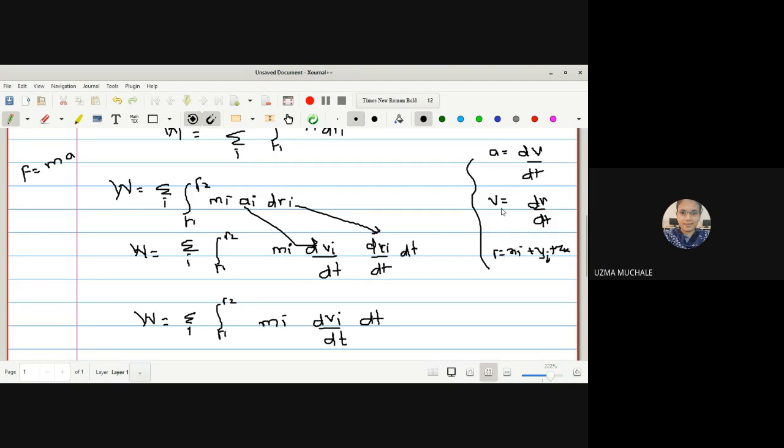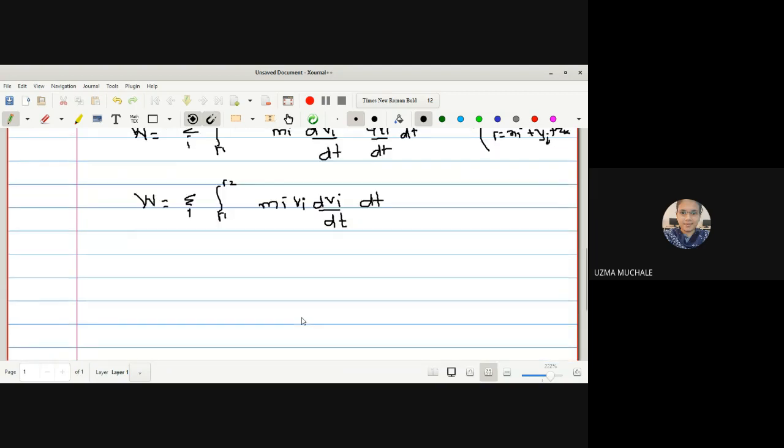This is our position vector. Rate of change of position vector is velocity. Rate of change of velocity is acceleration. So this dri by dt, I can write as vi. Now again you can see the integration and derivative with respect to the same term.